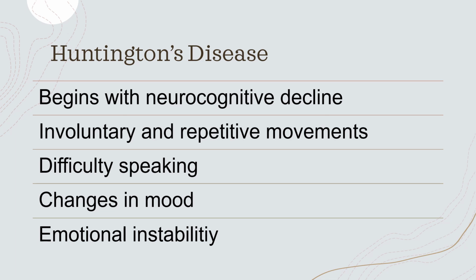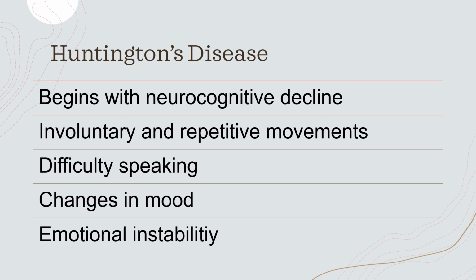Huntington's disease is similar to Parkinson's in the sense that it's targeting motor abilities more so than the cognitive abilities, but it's targeting both as well. Huntington's disease typically begins with neurocognitive decline. Again, all those domains we talked about, language, learning, memory, attention, you have declines there. Someone with Huntington's will often make involuntary and repetitive movements.